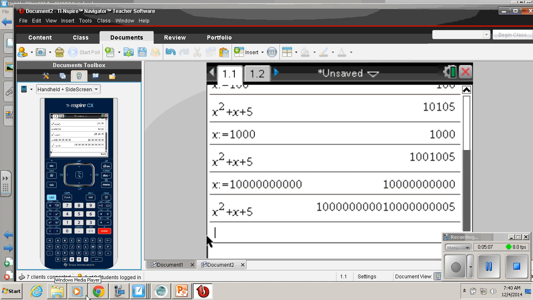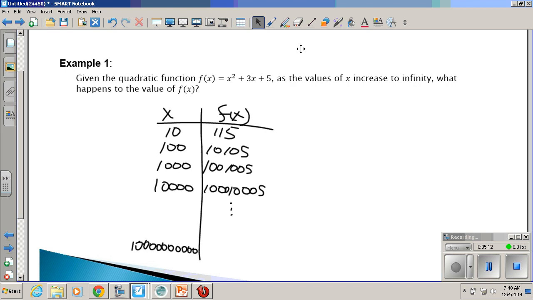See, so what's happening as x gets bigger? As x gets bigger or gets closer to infinity, which is this symbol, sideways 8, as x goes to infinity, the function gets bigger and bigger and bigger and bigger forever. So that also goes to infinity.